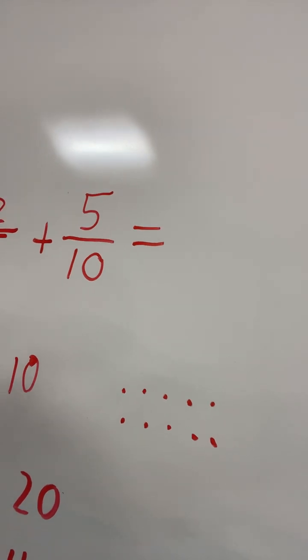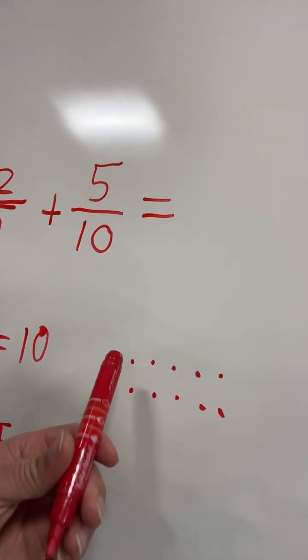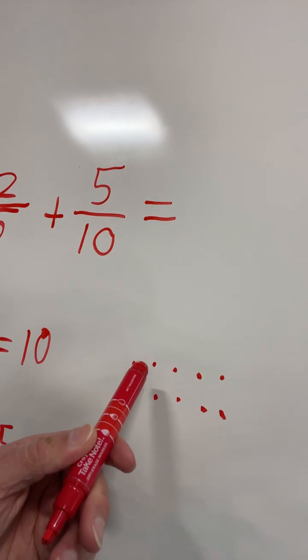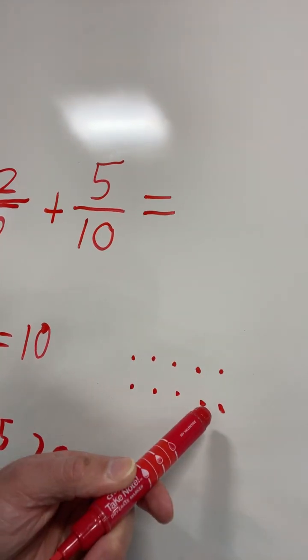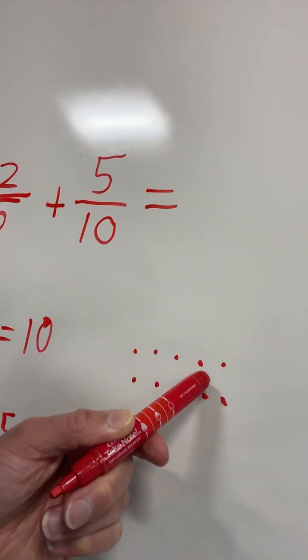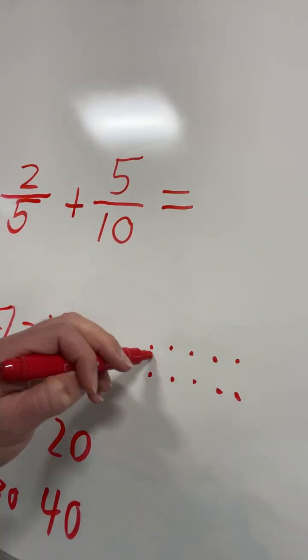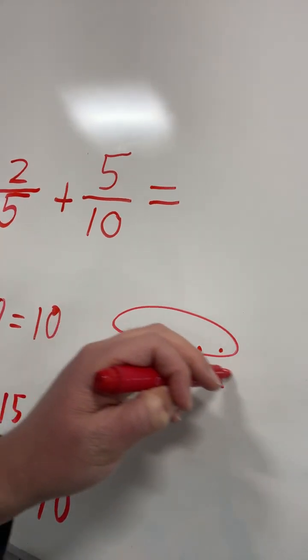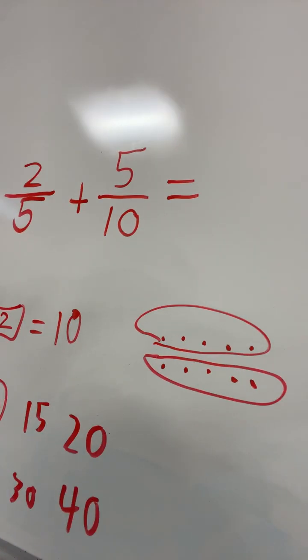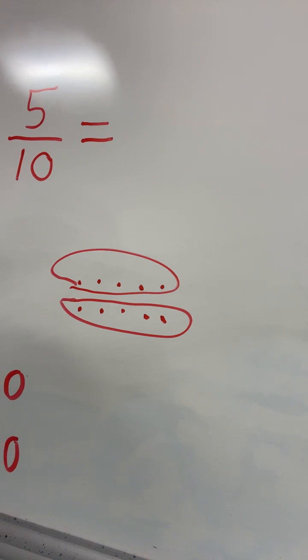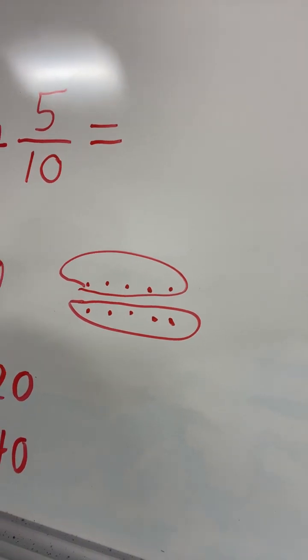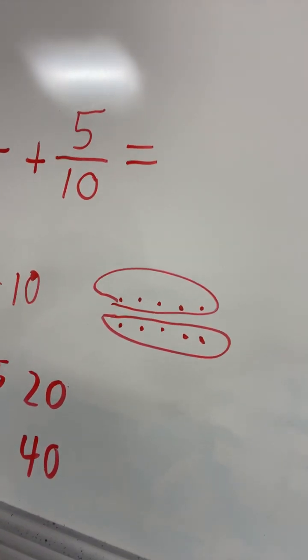You can make 10 dots, and you can make them in groups of 5 and see how many groups you come up with. So I have my 10 dots here, and I was able to make 2 groups of 5. So 5 times 2 equals the number 10.